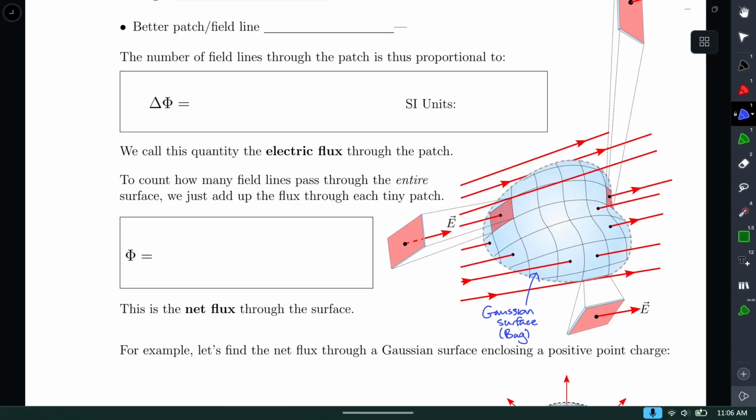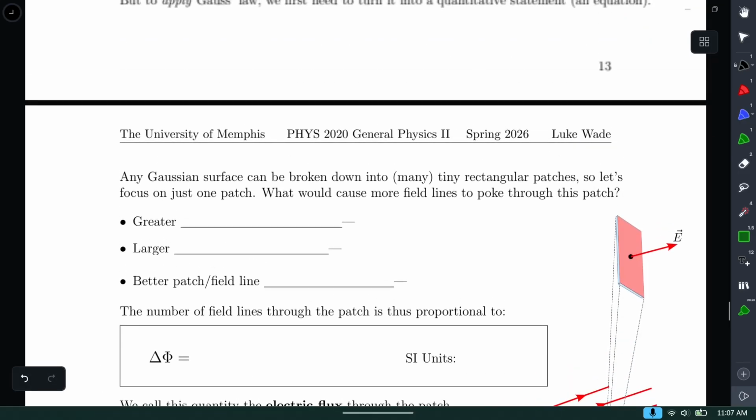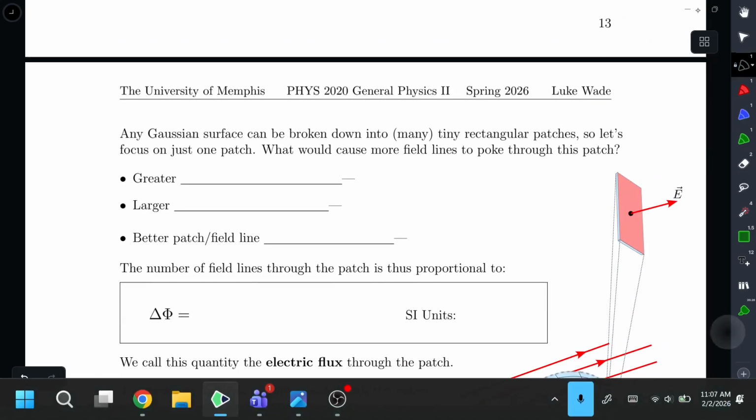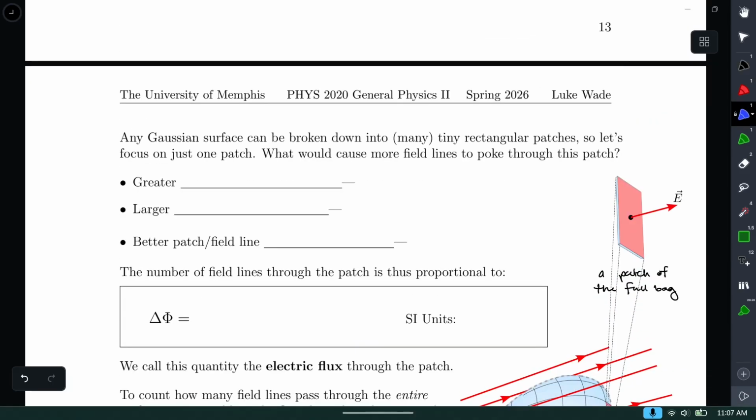You cut out a little rectangle out of your plastic bag with some scissors and just focus on how many field lines are poking through that. And that's what I'm doing by looking at just this right here. This is a patch of the full bag. And so my job now is a little bit easier. How many lines are going to pass through that patch?